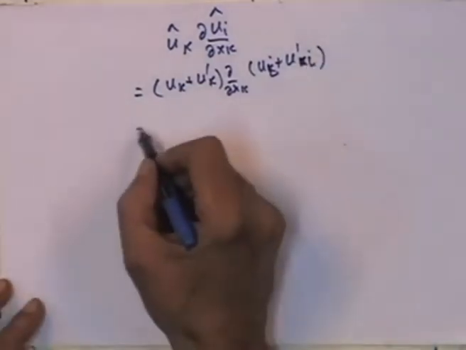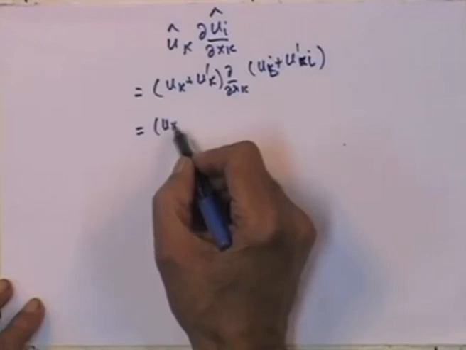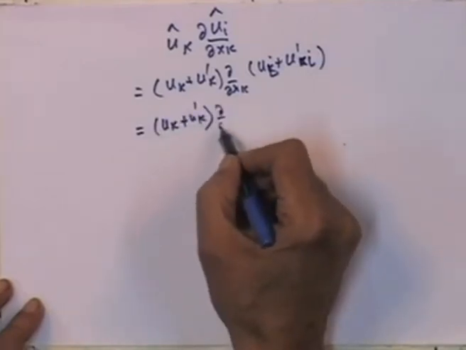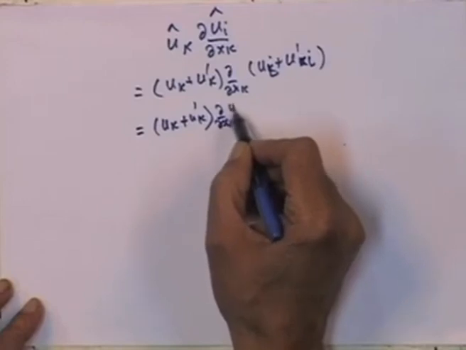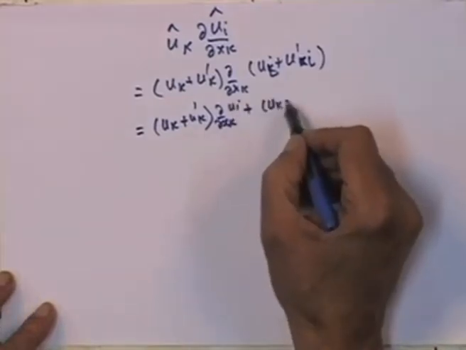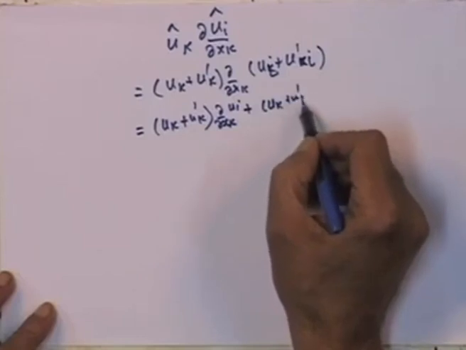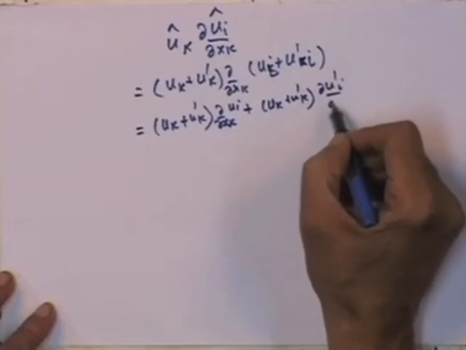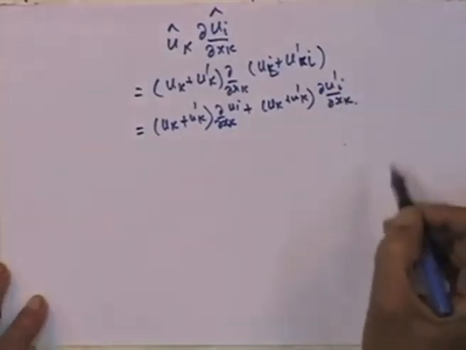That gives me the first term as (U_k plus u'_k) dU_i/dx_k plus (U_k plus u'_k) du'_i/dx_k.